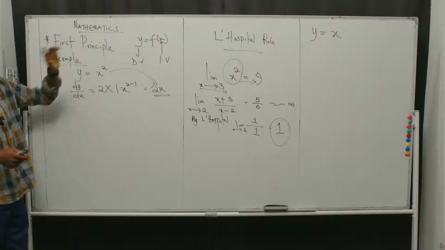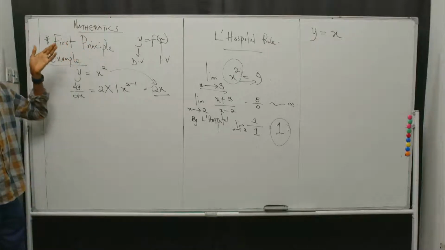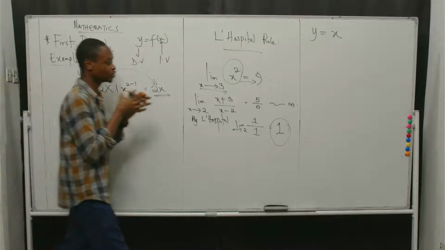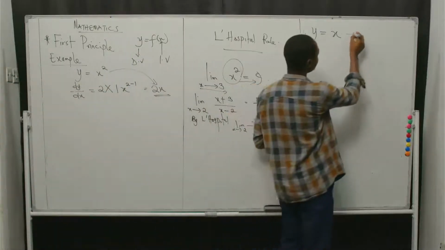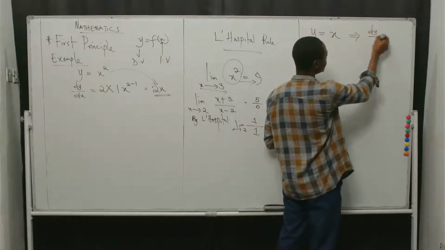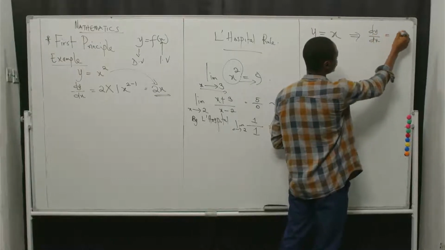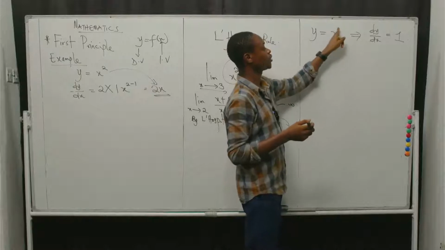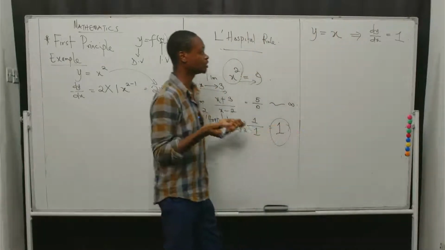We'll start with the smaller one because x is obviously smaller than x squared. We'll start with that, and then we'll come back to x squared, and then we'll bring it together. So, of course, from here, dy/dx is going to be equal to 1. Same process: this is going to be 1 times x to the power 1 minus 1. So that's going to be 1.